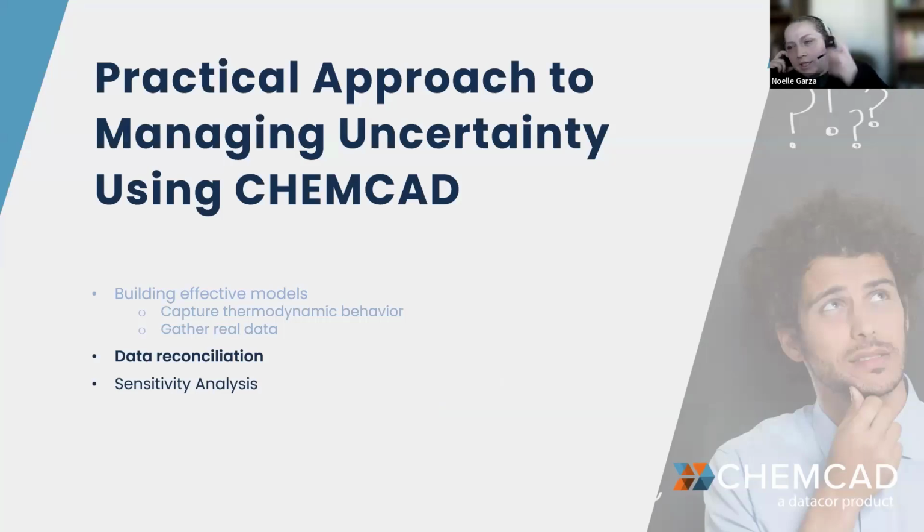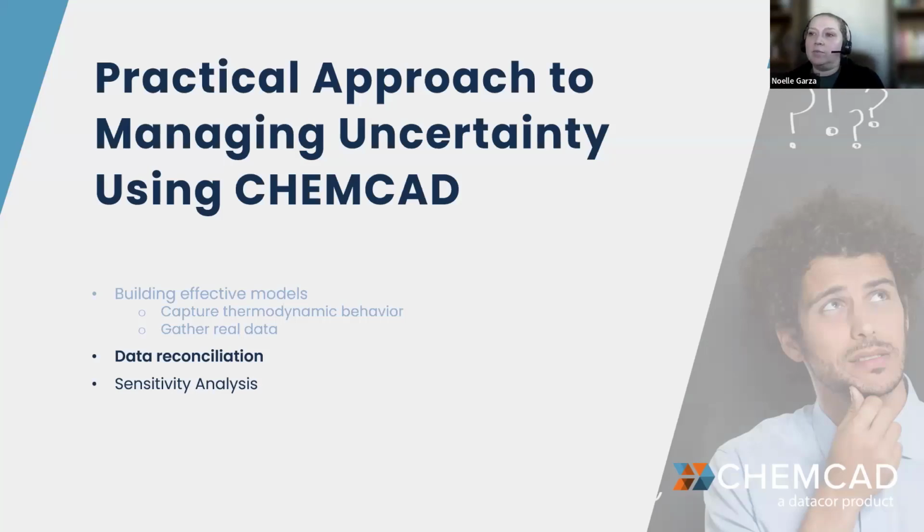Data reconciliation is something that is done after you've built the flow sheet and you've built the thermodynamic model and everything is converged. It's not necessarily the next step after you build your thermodynamics model. I didn't want there to be any confusion around that.